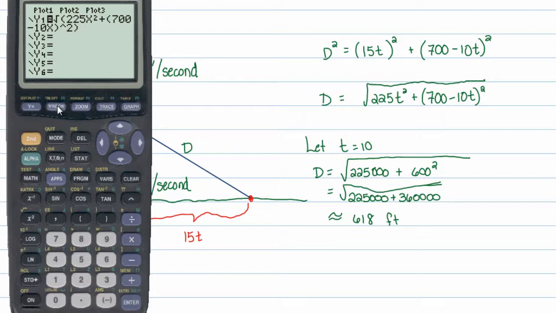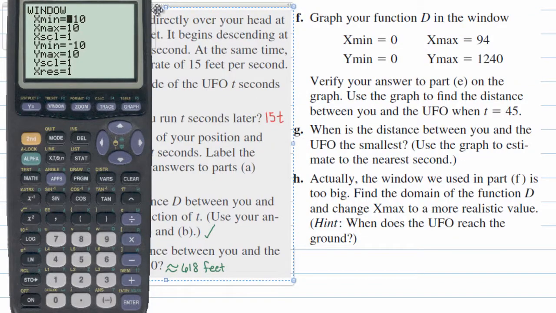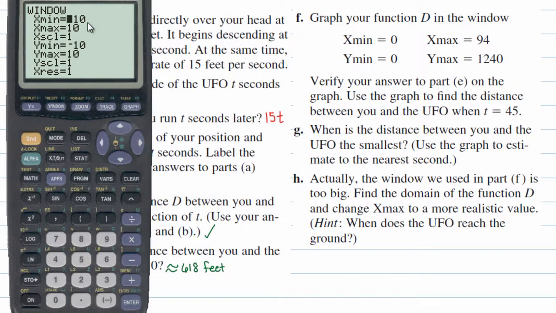And I seem to recall they told me to adjust the window here. So let's go ahead and check what they told me to adjust it to. Yes, the minimum x value is 0, the maximum x value is 94, the minimum y value is 0, and the maximum y value is 1240. Okay, and hit graph. Well, that's kind of neat.